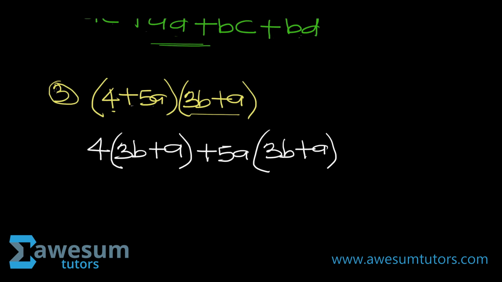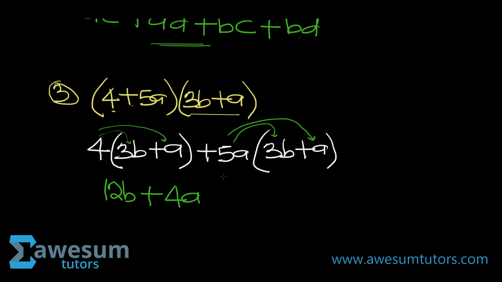Now let us expand out. 4 times 3b, 12b. Remember, this is going to multiply this, and then also multiply this. So 4 times 3b is 12b, plus 4 times a is 4a.